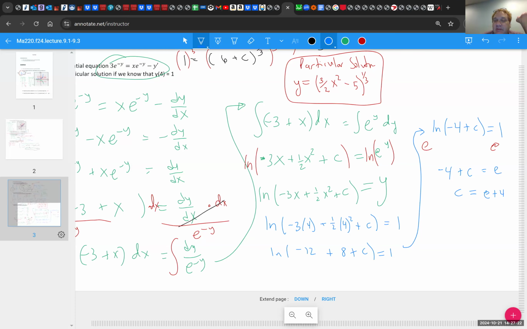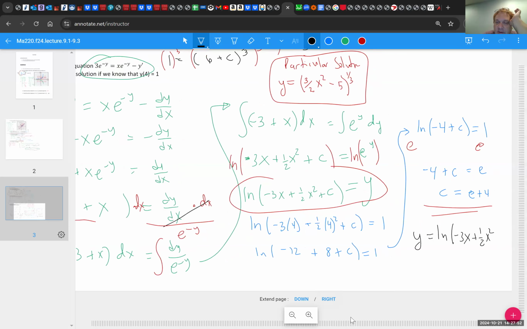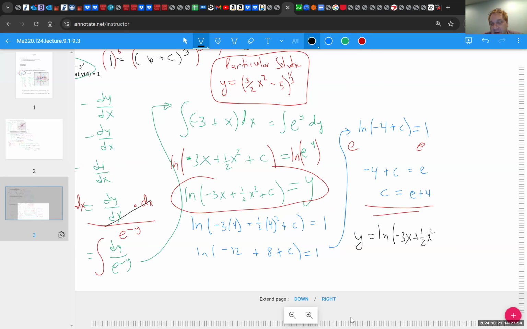So now I can write the particular solution. The general solution was over here. For my particular solution, I'm going to write the y on the left-hand side just because I like that. So the particular solution is y equals ln of -3x plus 1/2 x squared plus c, which we know is e plus 4.